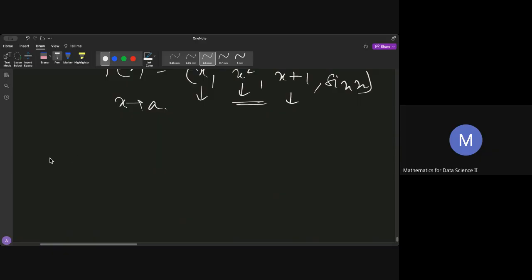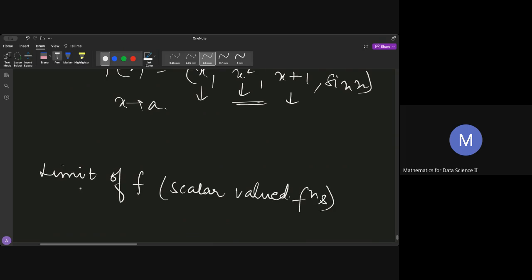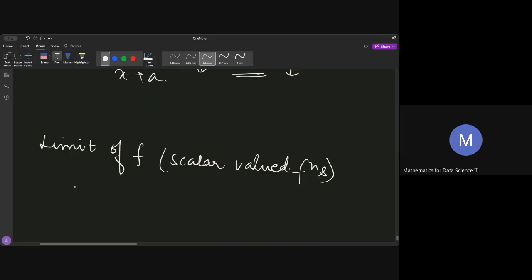We'll discuss the limit of a function f, which is scalar valued, because once we know the limits of scalar valued functions, we can find the limit of vector valued functions, right? Vector valued functions are collections of scalar valued functions only, in tuples. That's why.